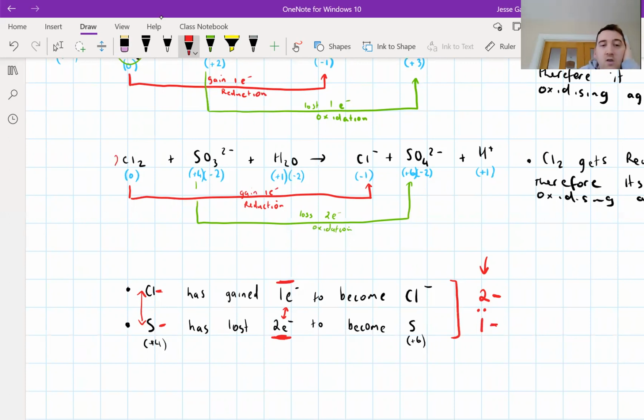There are already 2 chlorines here that are both gaining an electron. So this is already Cl2. Each of these Cls, we said, was going to gain 1 electron, and there are 2 of them.